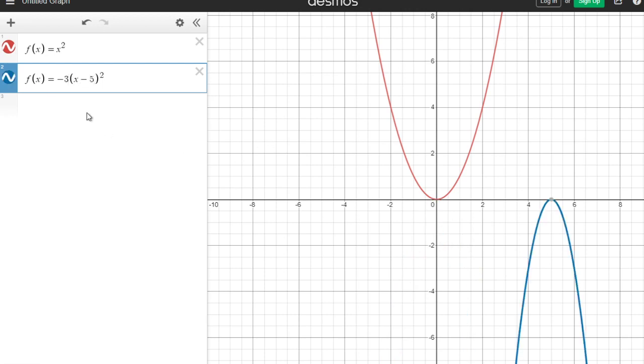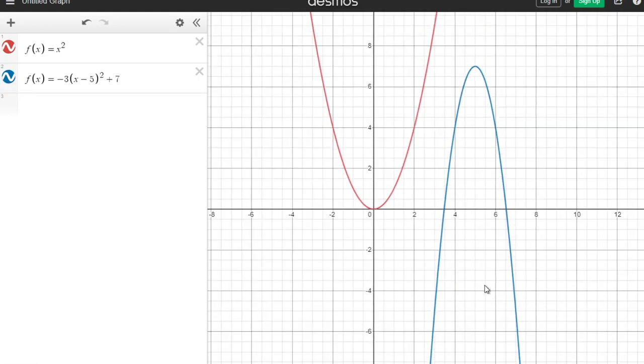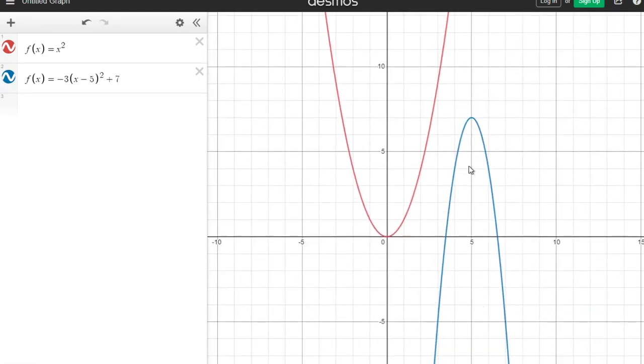The -5, which is my H value, moves it 5 units to the right. Now, understand, it feels like it should go to the left, but because of the negative in the formula, that's what makes it go the opposite direction from what you think. And then the +7 moved our graph 7 up on the axis.